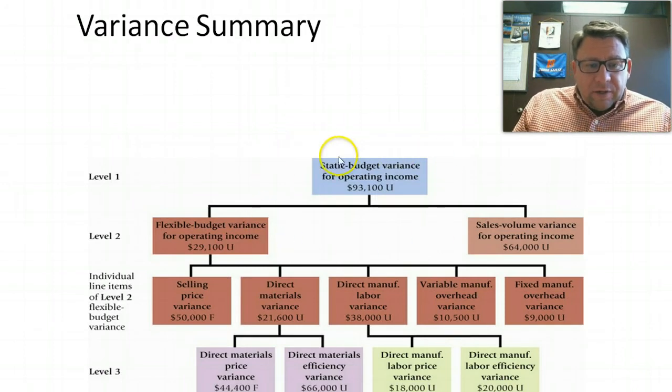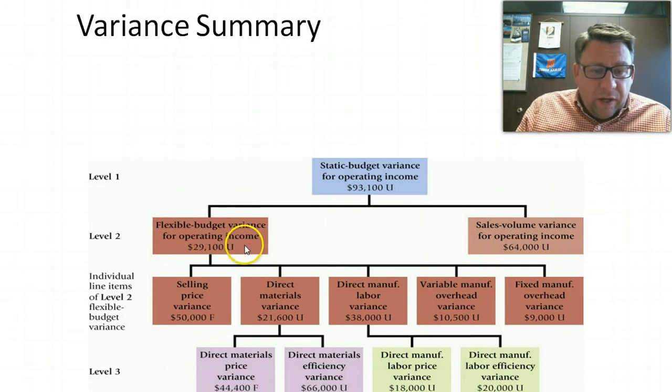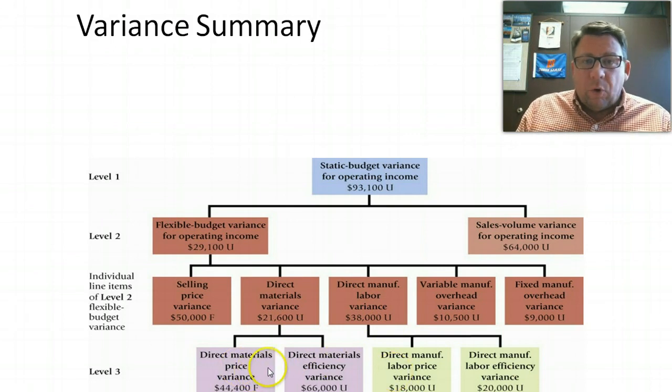So this is our variance summary. We have our static variance. We can break that down between sales volume, how much of it was caused by a change in volume, how much of it was caused by the way we operate, and then with the flexible budget, and we were doing materials and labor, we can end up with price variances, right, that we're paying more or less than what we thought, or usage variances.